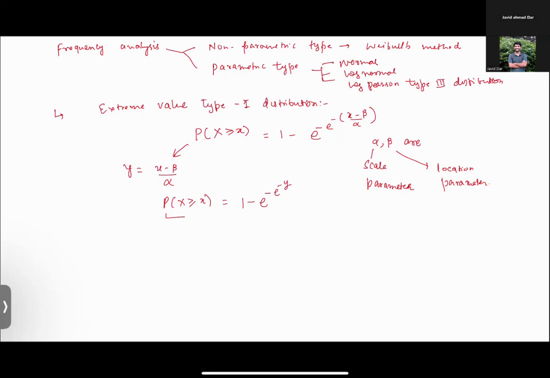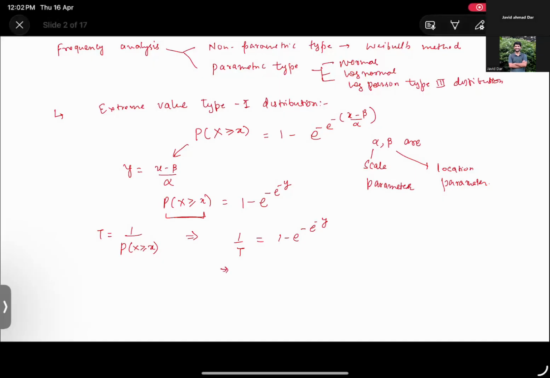But the probability of exceedance, from the very definition earlier, also we defined the return period from this exceedance probability, that return period is actually when the probability is exceeding any value. And thus it can be written as 1 by T is equal to 1 minus e raised to minus e raised to minus y. Now if you rearrange this, it can be written as 1 minus 1 by T. Now you apply the logarithm on both sides.